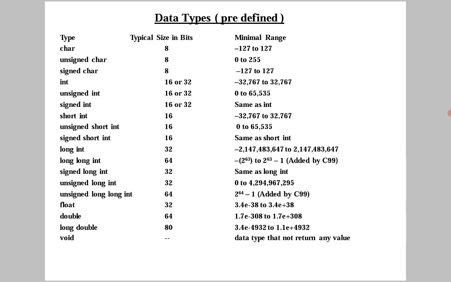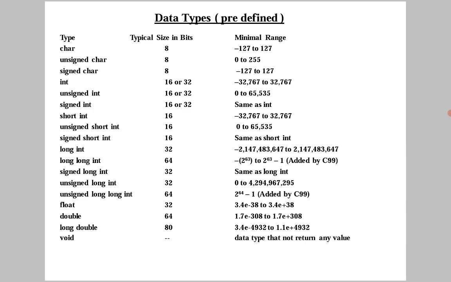Again, integer data types are of two types: unsigned integers and signed integers. Unsigned integers are only positive numbers and don't have any sign symbol. Signed integers have a plus or a minus symbol.